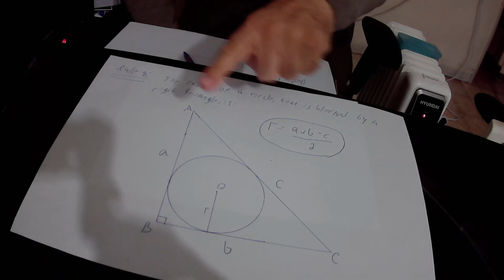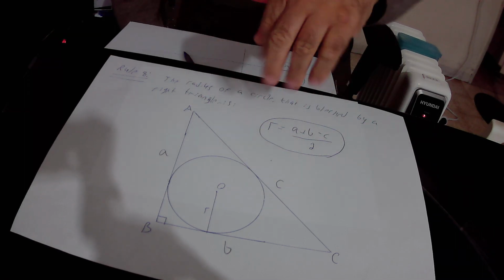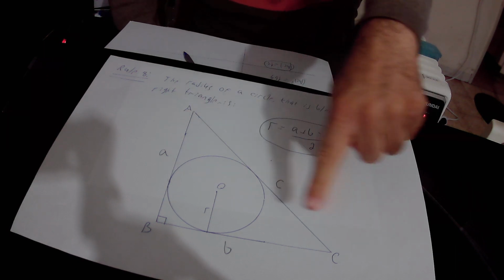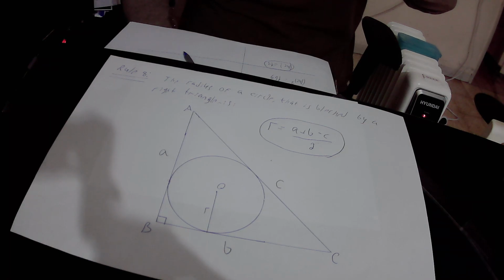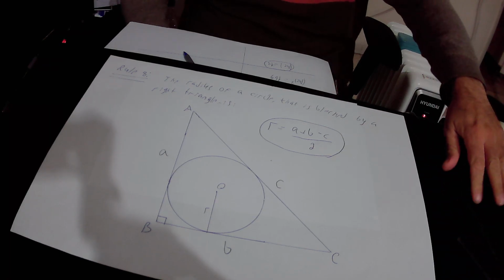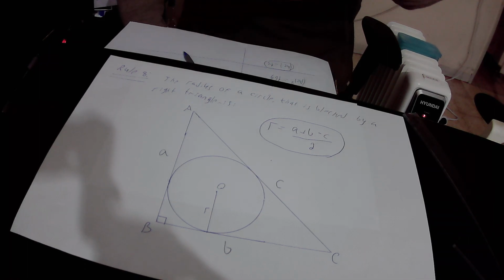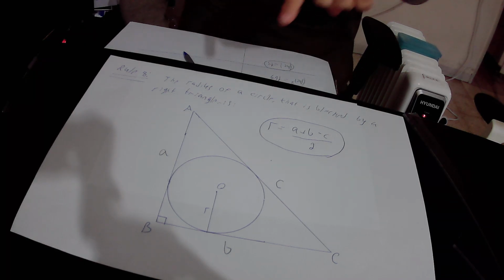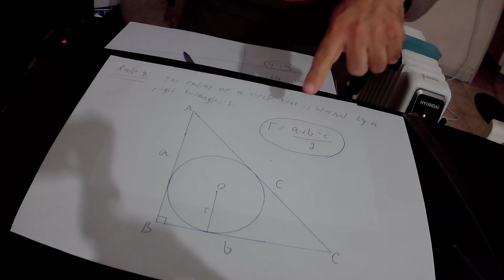So here we have the right triangle ABC. Inside the right triangle ABC we have a circle. This circle is blocked by the right triangle. We know that the length of side AB is A, side BC equals B in its length, and the length of the hypotenuse AC is C. So according to this rule number 8, we can find the radius of a circle that is blocked by a right triangle only by knowing the side lengths of the right triangle. That is to say, the radius of this circle R will be equal to A plus B minus C over 2.